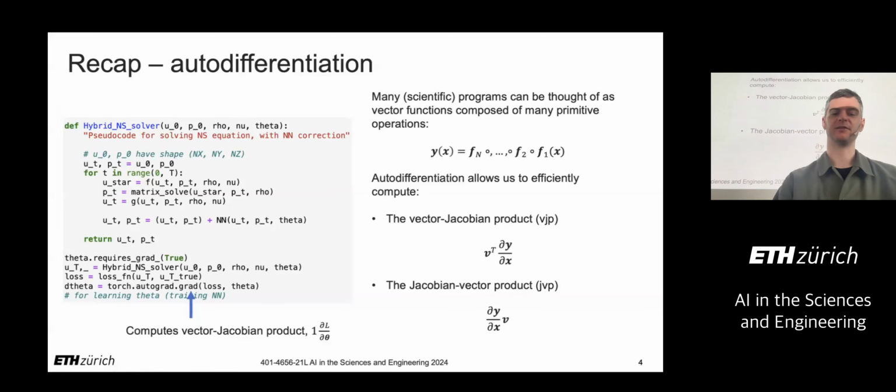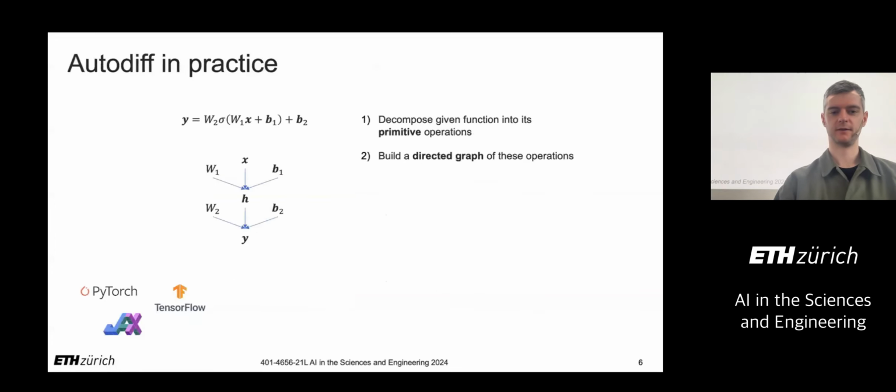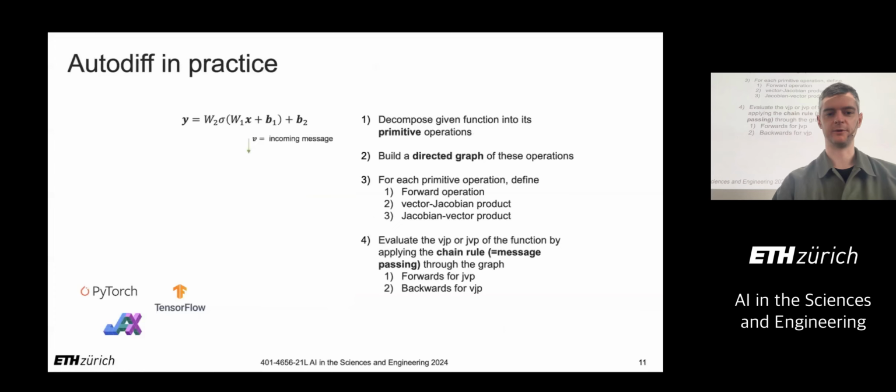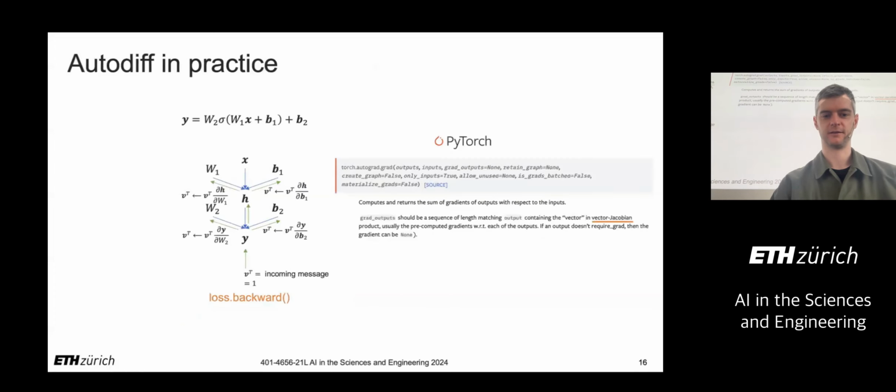So typically we don't even specify it, because it's just assumed that it's 1. But if the output is not a scalar but a vector, then you need to define an actual vector that you're going to compute the vector Jacobian product with. Usually we don't see this, it's just 1 when we're doing a loss.backward.